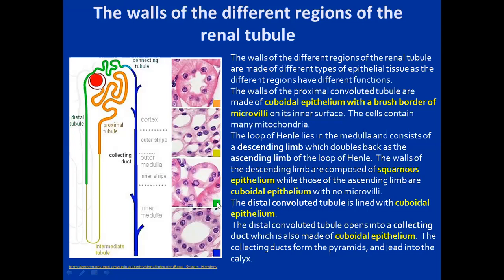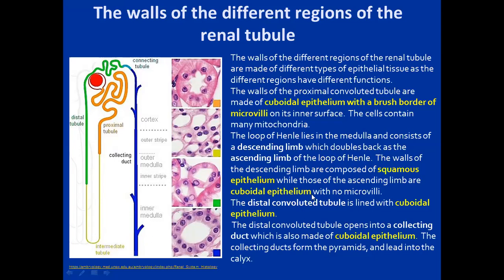Then as the loop of Henle goes up towards the distal convoluted tubule, the green part, the cells become less and less flat, more and more cuboidal, no microvilli though. Okay, cuboidal, no microvilli. And then the collecting duct is cuboidal epithelium.